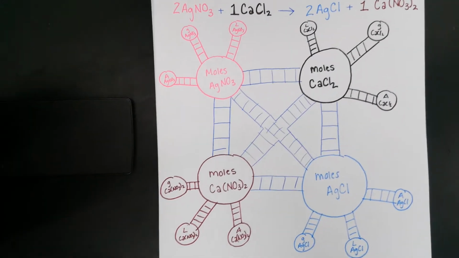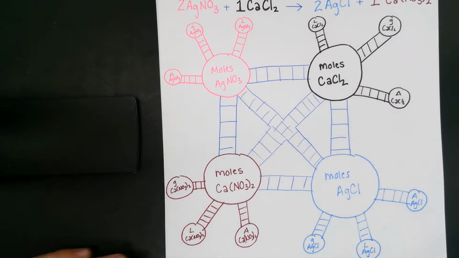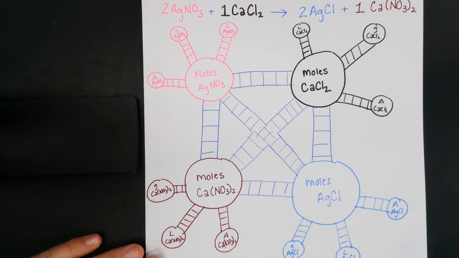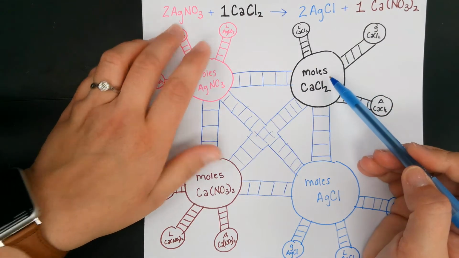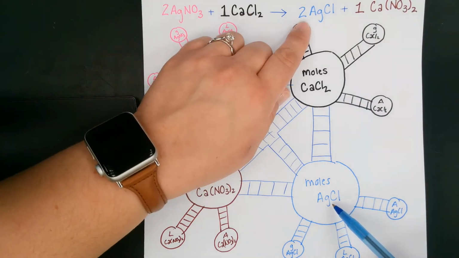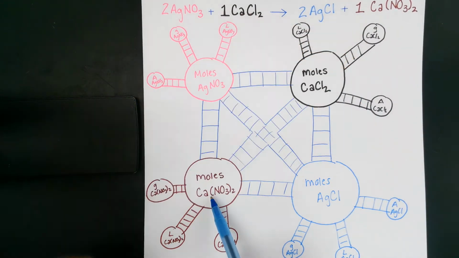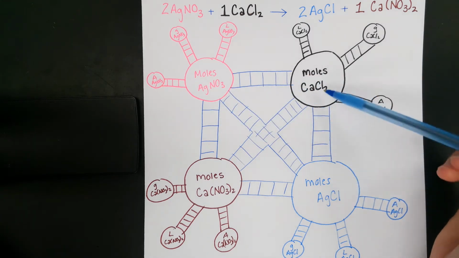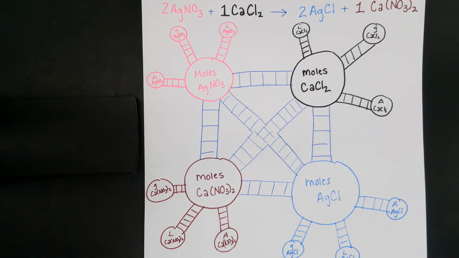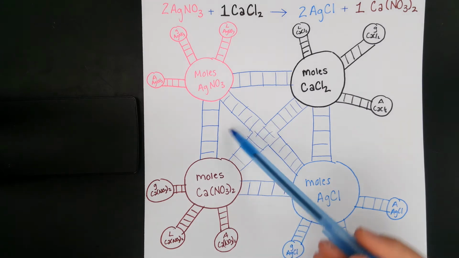But now we can see that there are multiple mole islands connected. For this equation, we have a mole island for silver nitrate, a mole island for calcium chloride, a mole island for silver chloride, and a mole island for calcium nitrate. The biggest thing I want you to notice is that all of the moles are connected. It's just the moles that are connected.